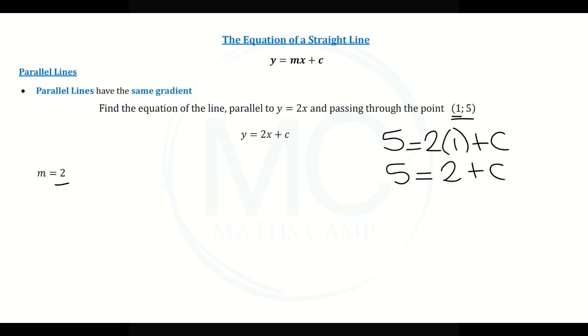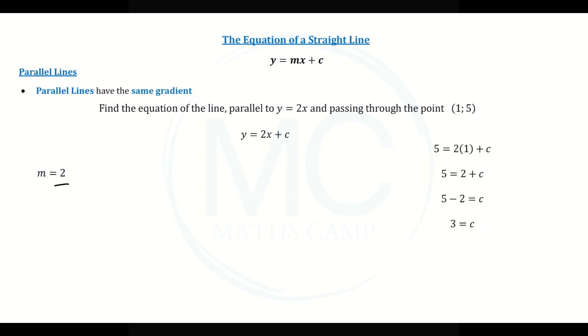Let's move 2 to the left, and we get 5 minus 2 is equal to c, which means that 3 is equal to c. Now we have an m value of 2 and a c value of 3. So the equation of our line will be y is equal to 2x plus 3. Let's do another example.